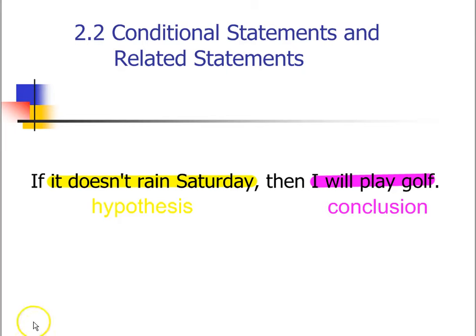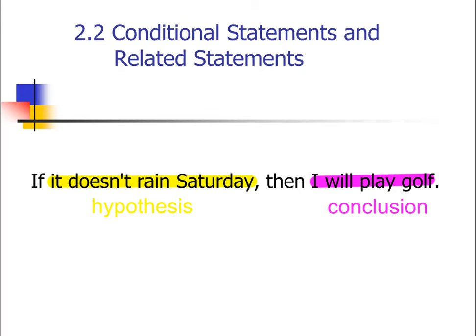In fact, when working on these kinds of structures, it's best to reword whatever statement you have, if it's not specifically in if-then form, so that it is, and it makes the same sense as the original statement. So you can easily pick out the hypothesis and easily pick out the conclusion.